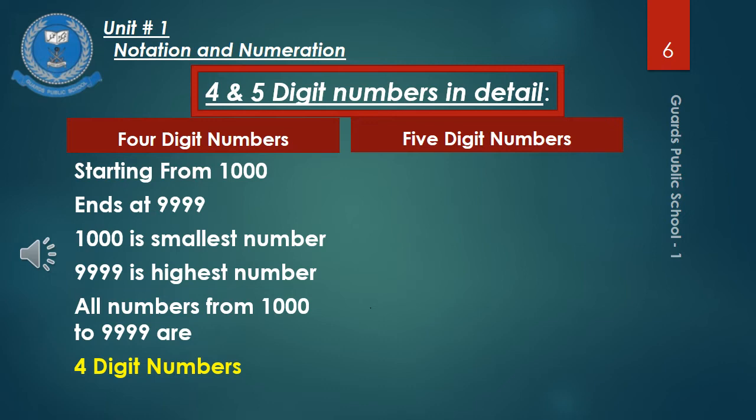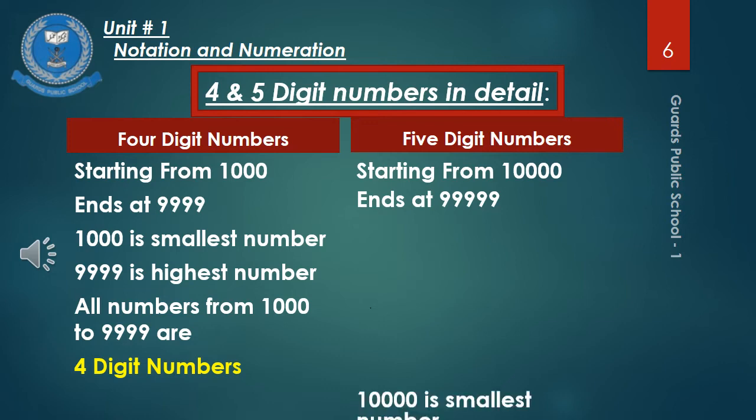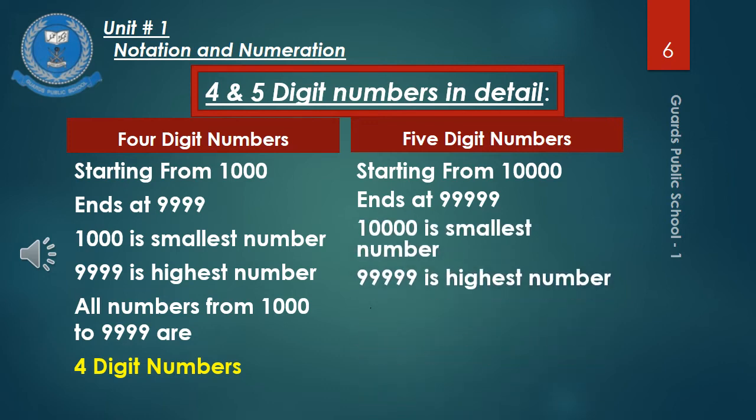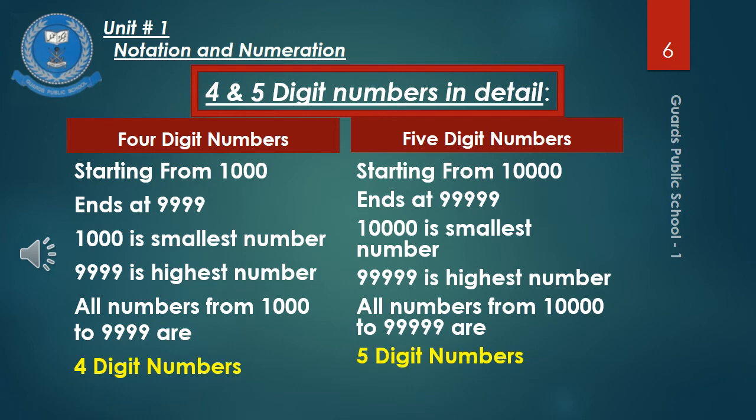Like that, if we talk about 5-digit numbers and we write numbers from 10,000 up to 99,999, these are all called 5-digit numbers. 10,000 is the smallest 5-digit number, and 99,999 is the largest 5-digit number. Okay.